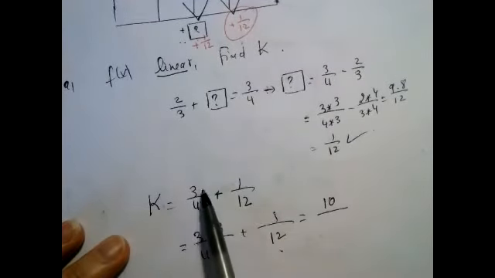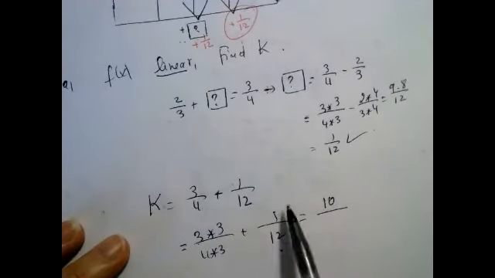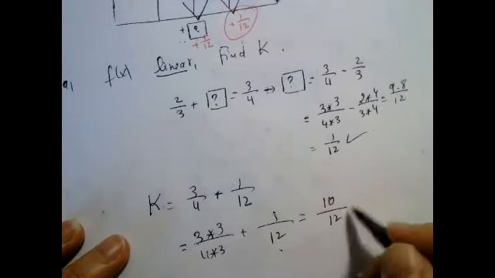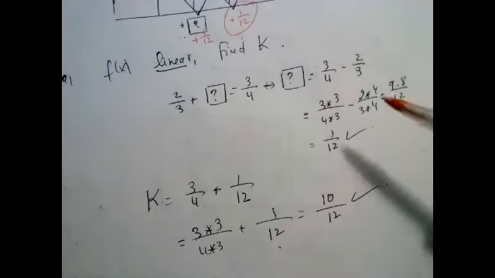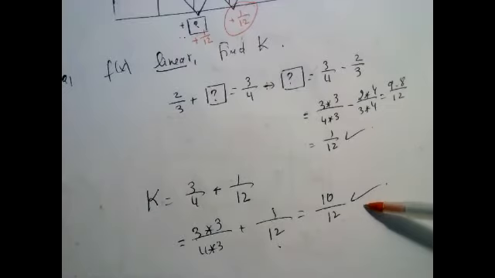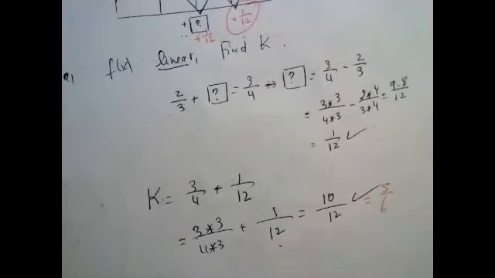So common denominator, multiply by 3, multiply by 3, which gives me 9 over 12, plus 1 over 12, 10 over 12. Anybody has an issue with 10 over 12, which could be simplified, of course, to 5 over 6, but it is 10 over 12.